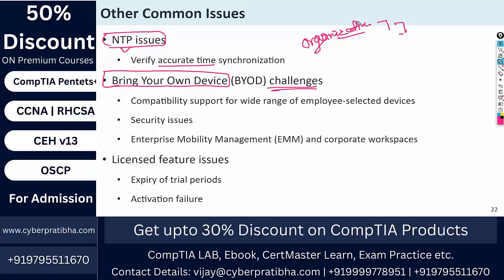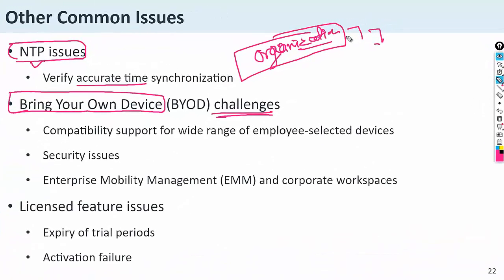But sometimes an organization is not so rich, so it allows you to come with your own device, your mobile phone and your laptop. You can use your mobile phone for calling and WhatsApp chatting, and also use the laptop for organization or business activity. So what are the challenges?